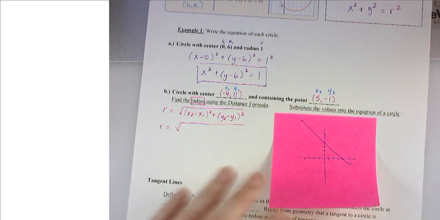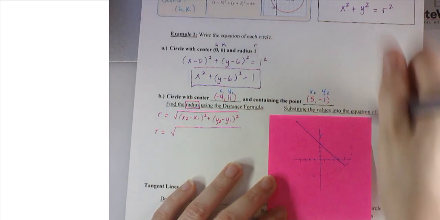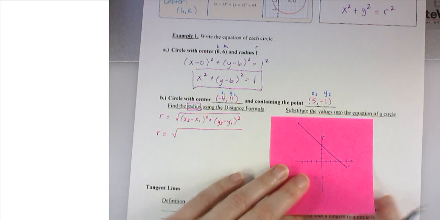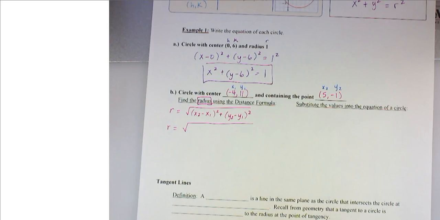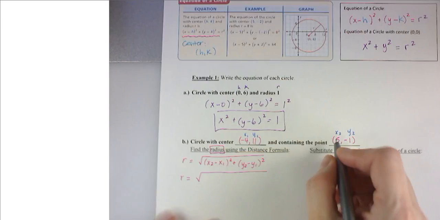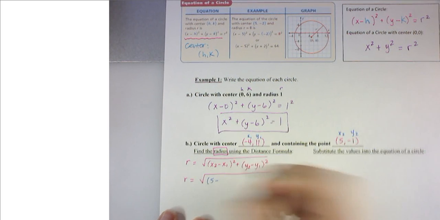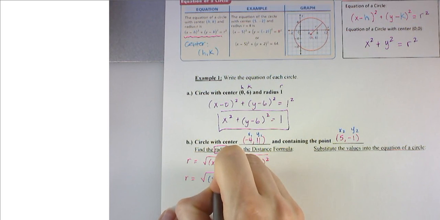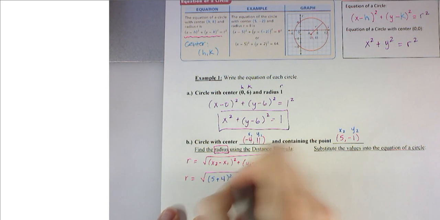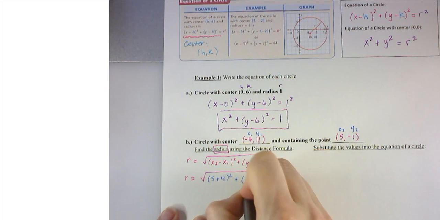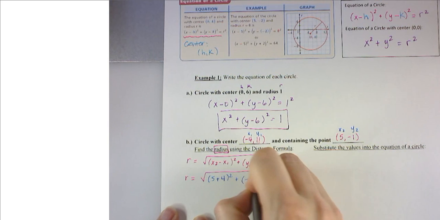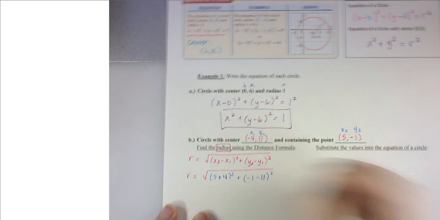Okay, so I have 5 minus -4, which is really going to end up being +4, minus the negative. The y2 is -1 minus 11 squared. So this is going to be the square root of 9 squared plus -12 squared.